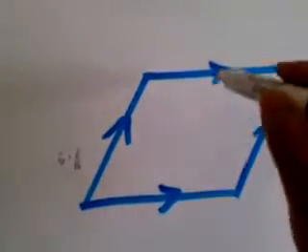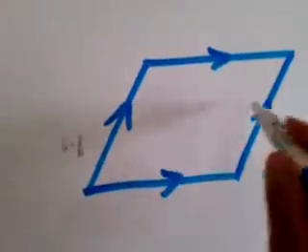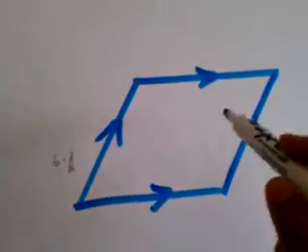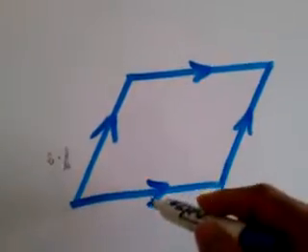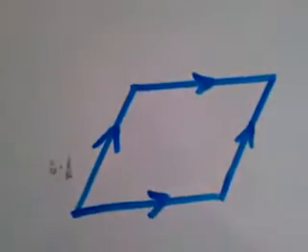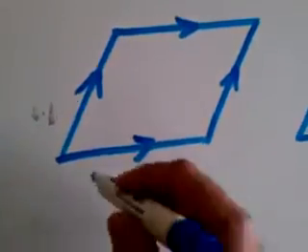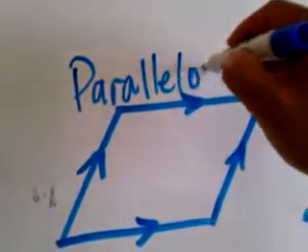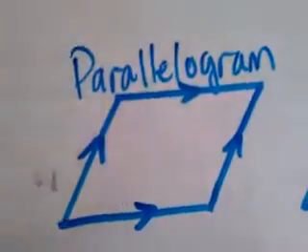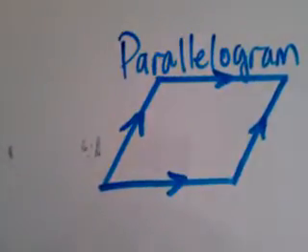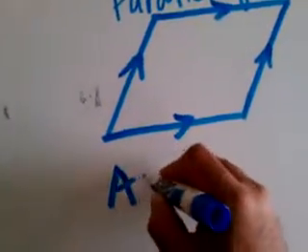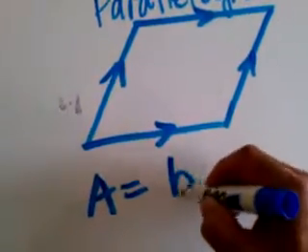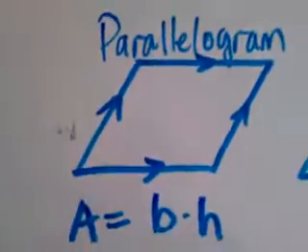So these sides are parallel and these sides are parallel, and we know that these two lines will never connect or never touch each other, and neither will these. So we have two sets of parallel lines, and this would be called a parallelogram. And the formula to find the area of a parallelogram is very simple. The area equals base times height.